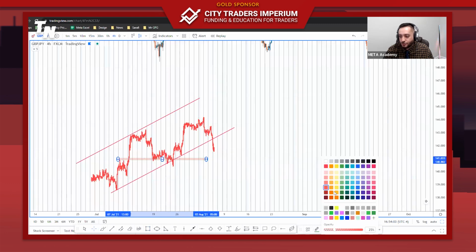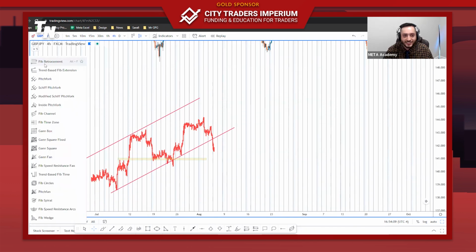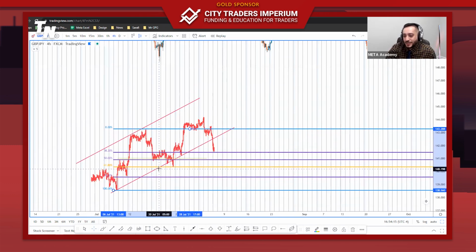You also can draw Fibonacci. I don't really use it, so I have to find it here. Sorry. So you can draw a Fibonacci too, and look at those respects. I literally drew this myself and I copy pasted it from one single day of the market, and you can see every single rule you learned as a trader can be applied right here, and you can make the market yourself.